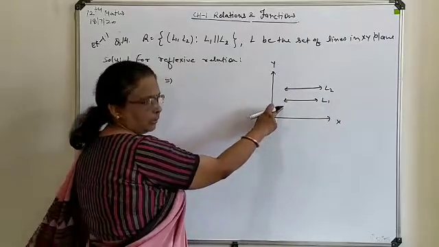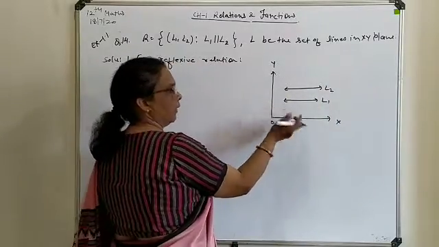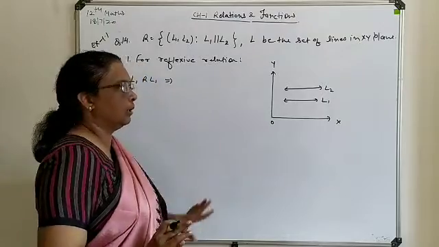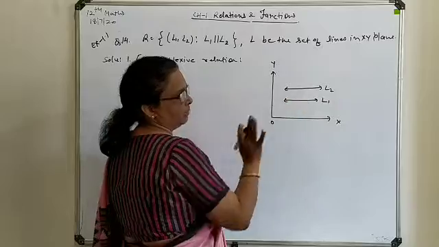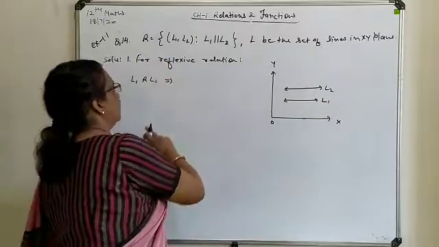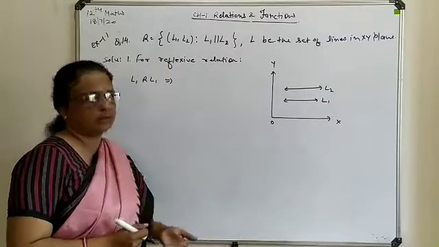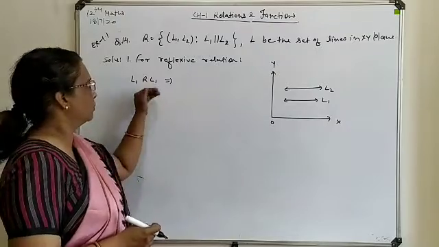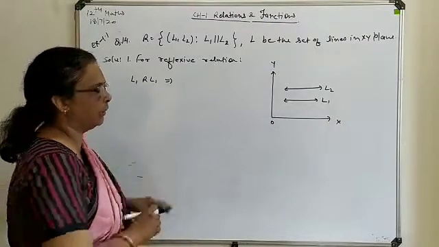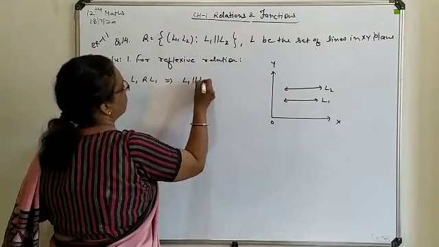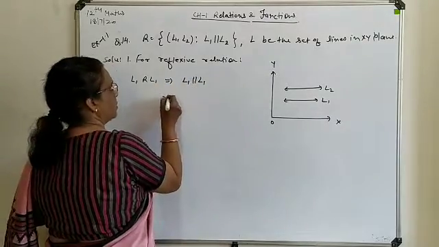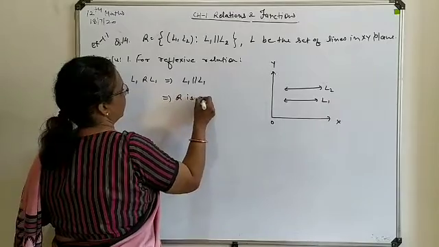If you talk about only one line, you can say the line itself is parallel to it. L1 is parallel to L1 itself. So for reflexive, self relation should be maintained, and this is fulfilled here. So we can say L1 is parallel to L1 itself, which means R is a reflexive relation.